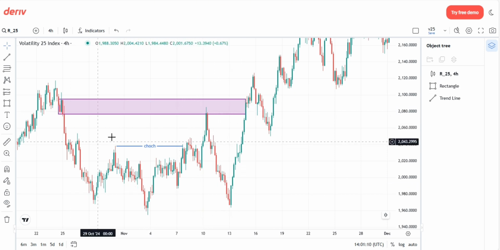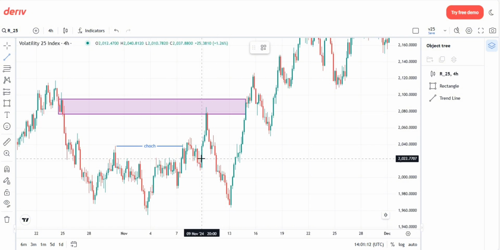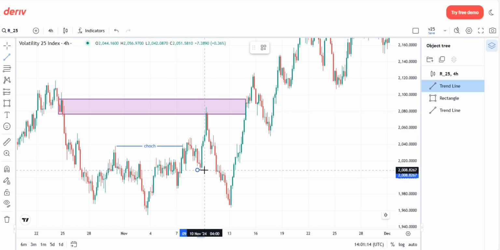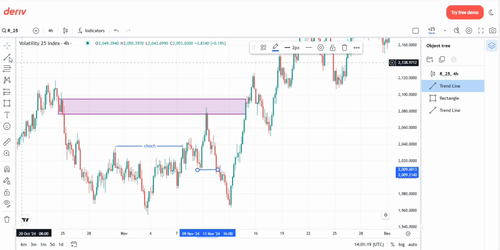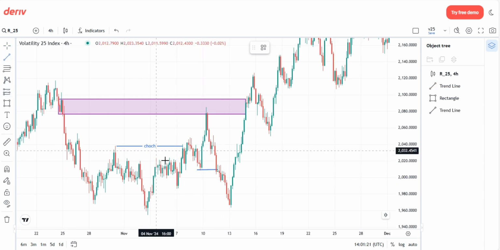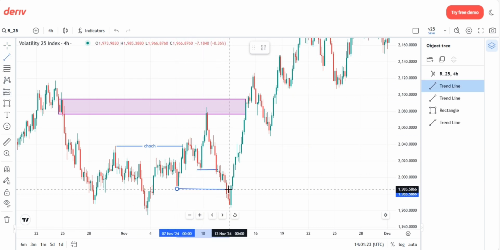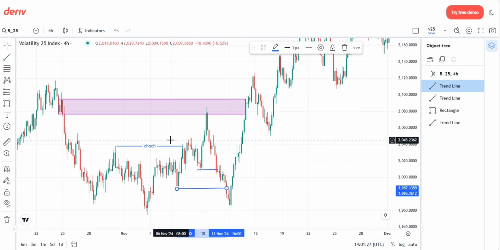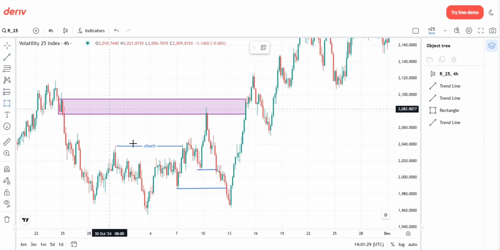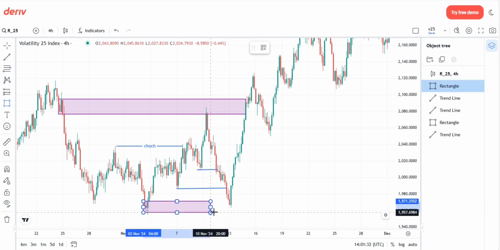After it respected that order block, it then went down, sort of doing a stop run of this low and this low. But where did the market choose to reverse?